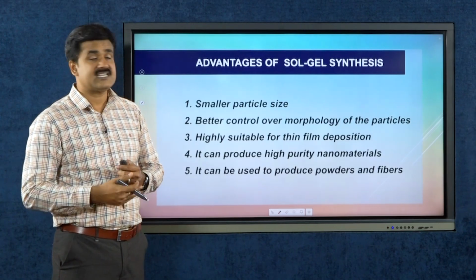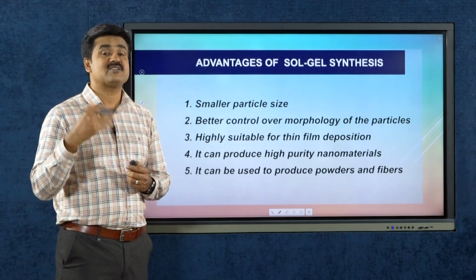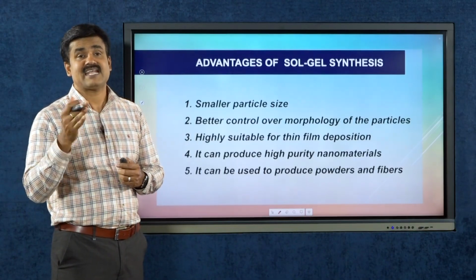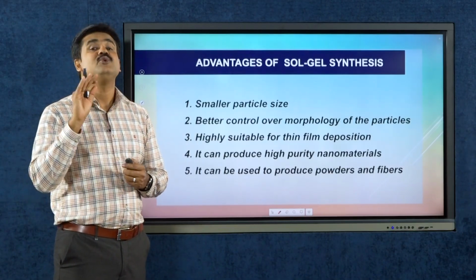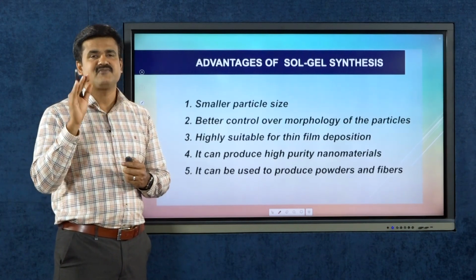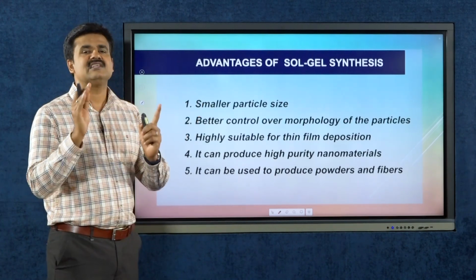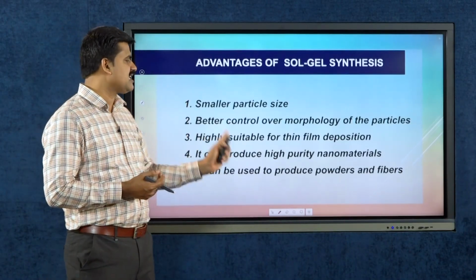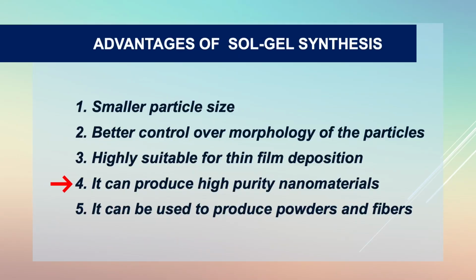We learned that thin films are 2-dimensional nanomaterials. A thin film has to be deposited on the surface of a substrate, and you can easily deposit thin films on the surface of a substrate by adopting the sol-gel synthesis. Moreover, the sol-gel synthesis can produce high purity nanomaterials.